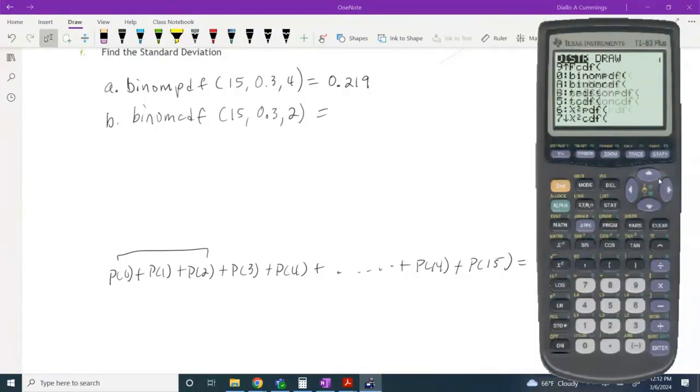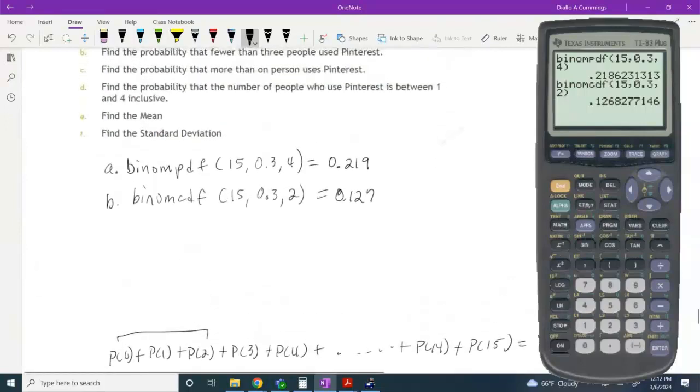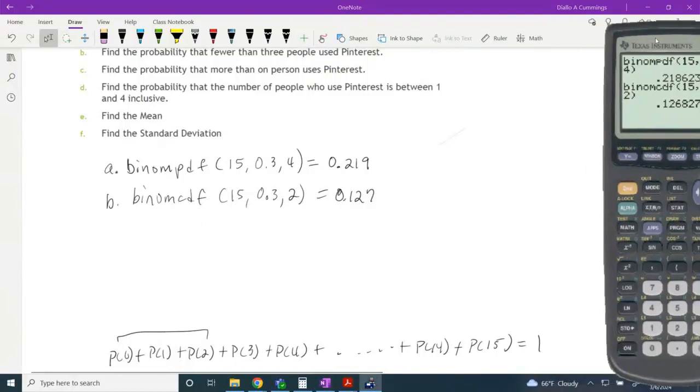Right, that would be 2. You said we're doing 3 decimal places. Okay, so 0.127. That's right.